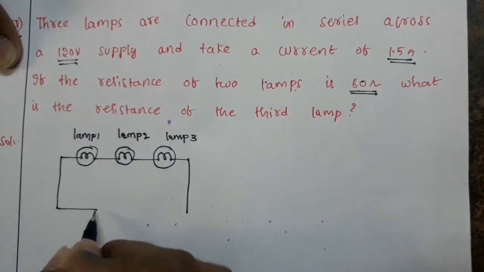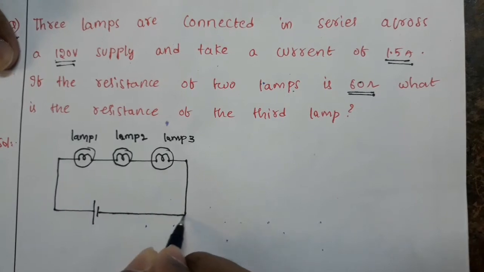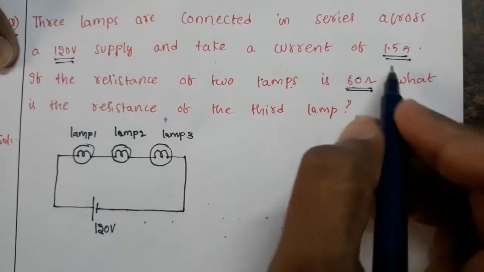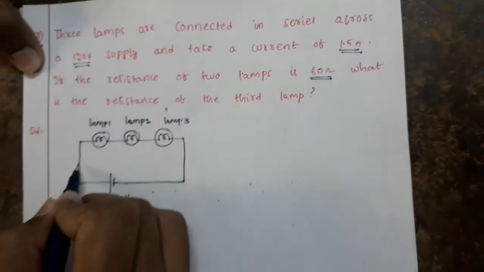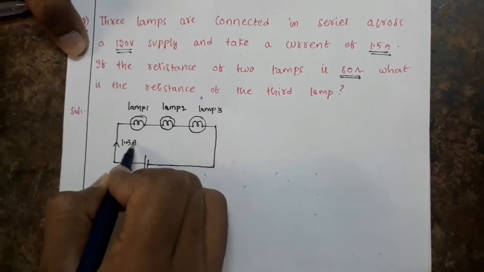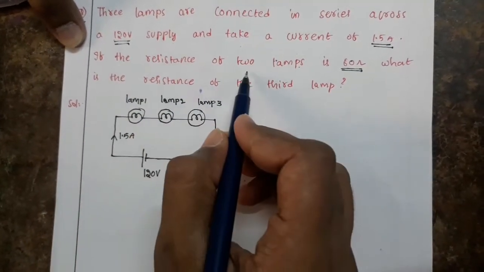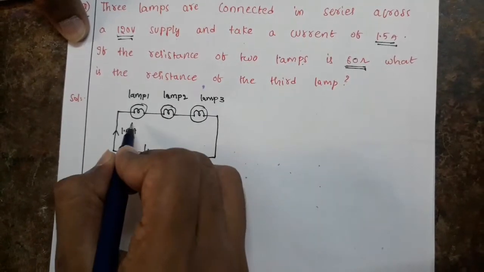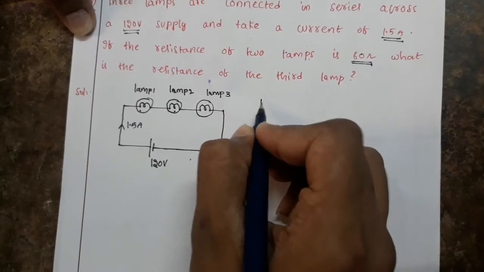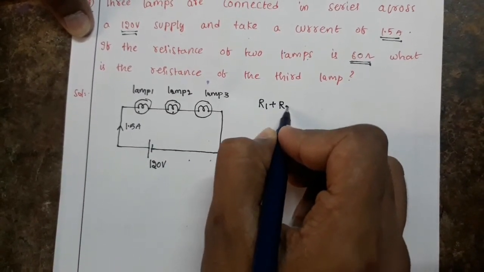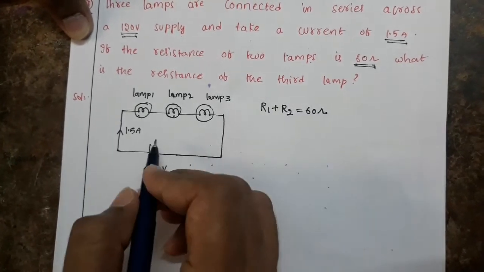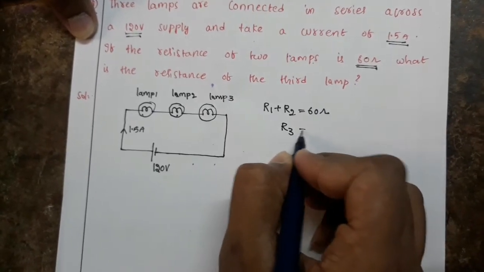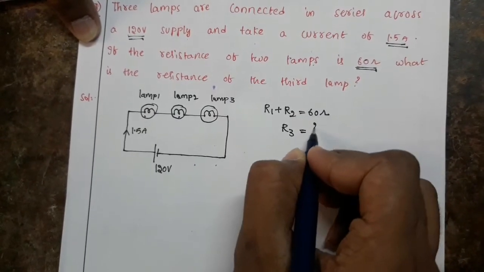So the voltage applied is 120 volts, taking a current of 1.5 amperes. They have given that the resistance of 2 lamps is 60 ohms. Therefore, R1 plus R2 equal to 60, and we have to find the resistance of lamp 3, that is R3.